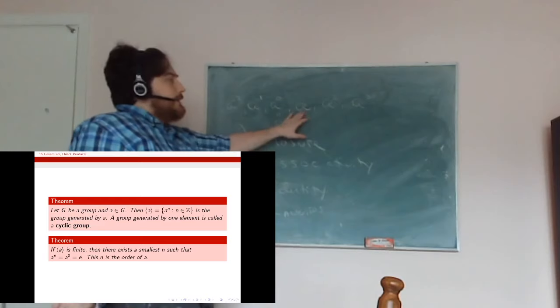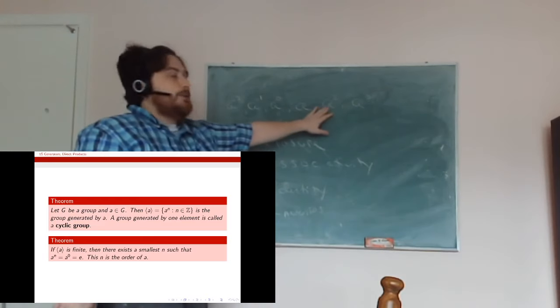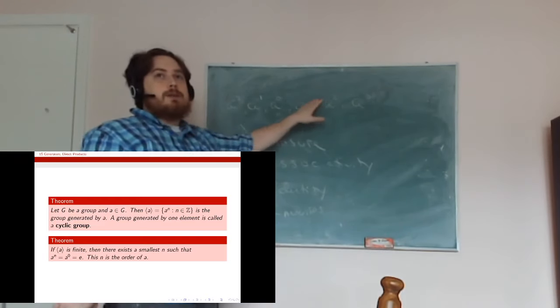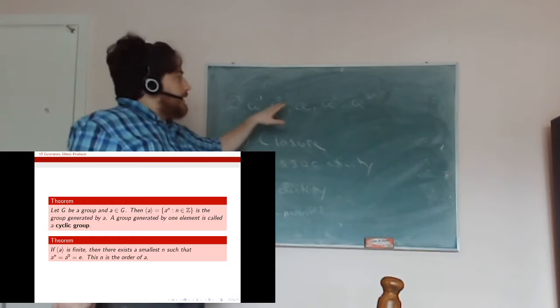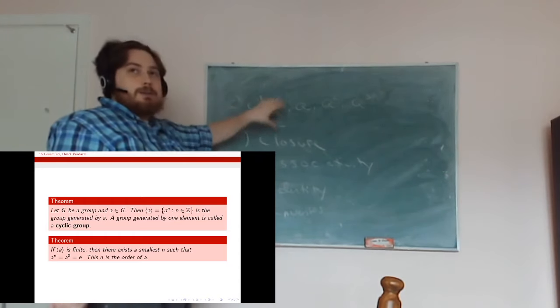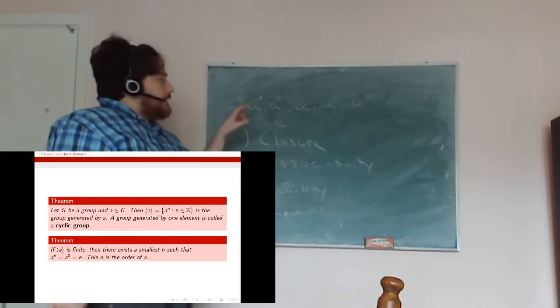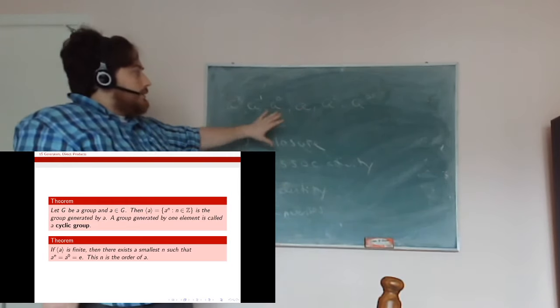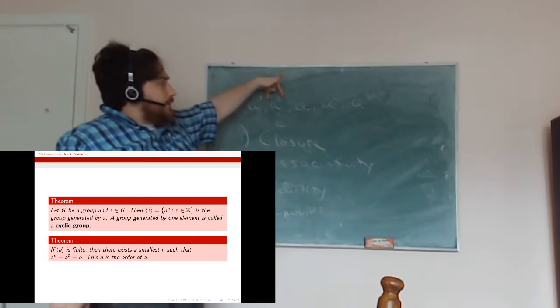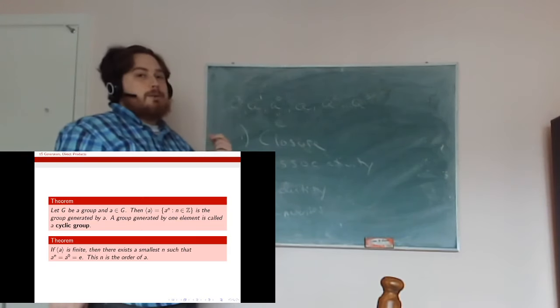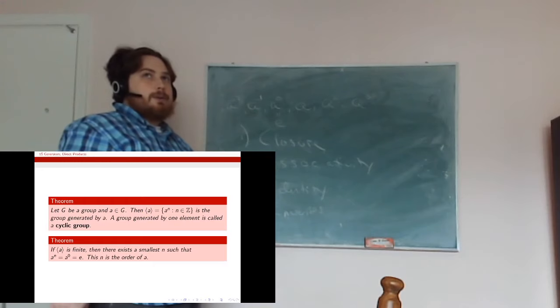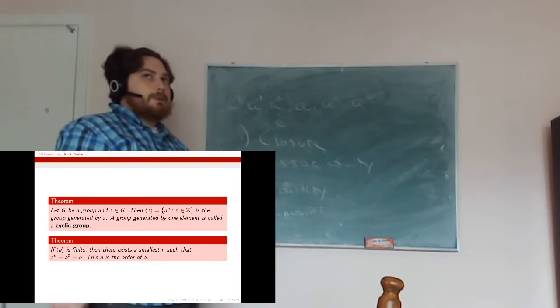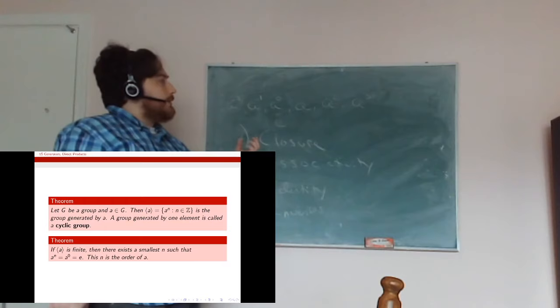So if this was addition, then when I say a squared, what I really mean is a plus a would be 2a. So when I say a to the 0, this would actually be 0, because that would be negative a plus a. And so in general, when I'm writing out a to the 0, it isn't necessarily 1 because we aren't necessarily dealing with real numbers. If we are dealing with real number multiplication, then yes, this would be 1.